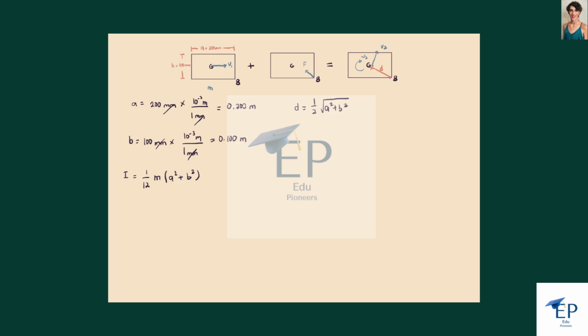Calculating its value, this is equal to 1/2 times the square root of 0.200 meter squared plus 0.100 meter squared. You'll see that d is equal to 0.1118 meter.